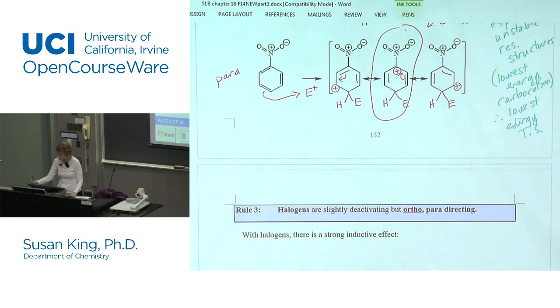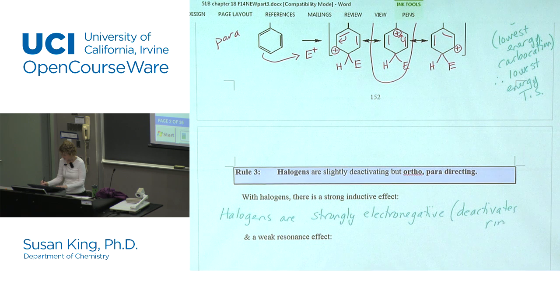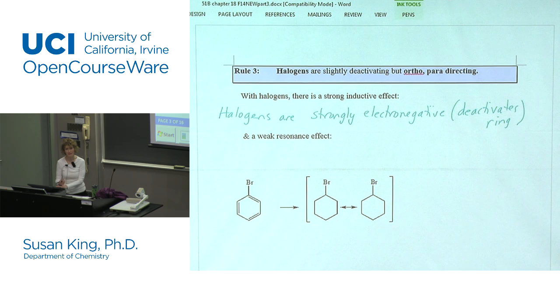The reason is that with halogens there's a strong inductive effect. Halogens are strongly electronegative. That deactivates the ring. But they have weak resonance effects. They can donate their electrons, but they don't really like to donate their electrons very well.